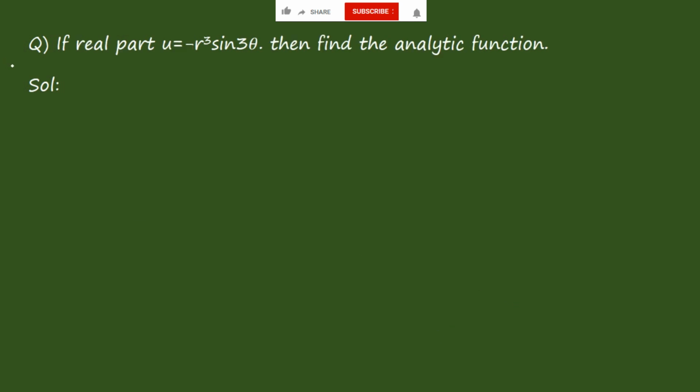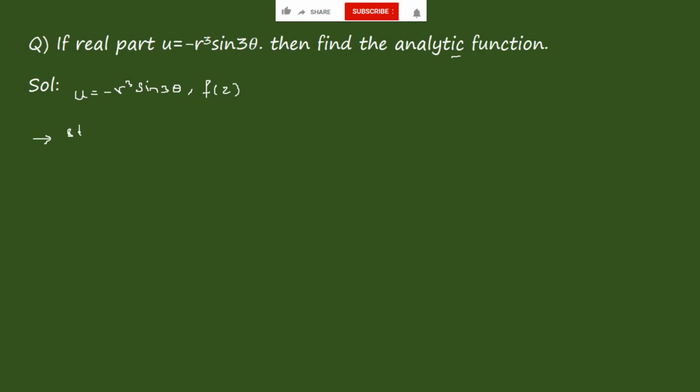The question is, if real part u is equal to minus r cube sine 3 theta, find the analytic function. Now they have given that u is equal to minus r cube sine 3 theta. Now we have to find the value of f of z, so we'll be using the Milne-Thomson method.